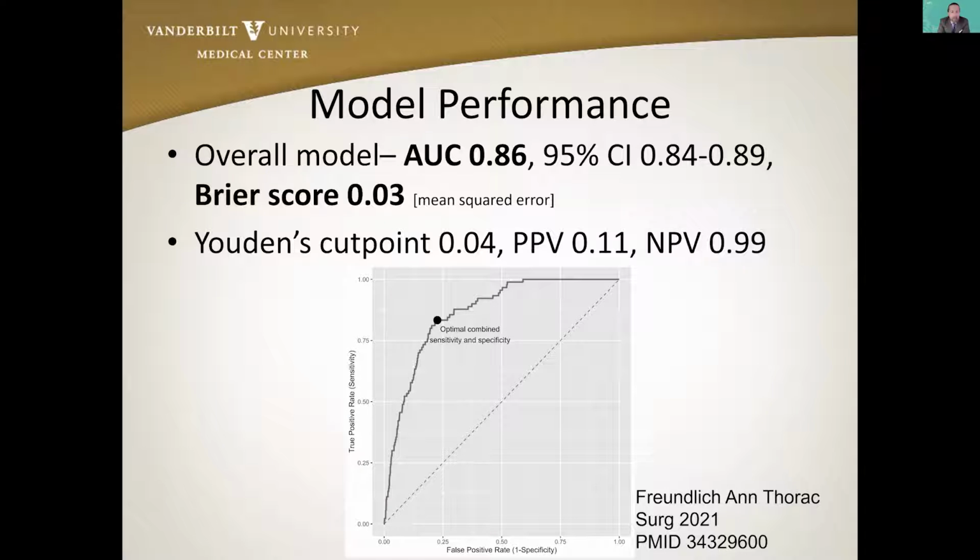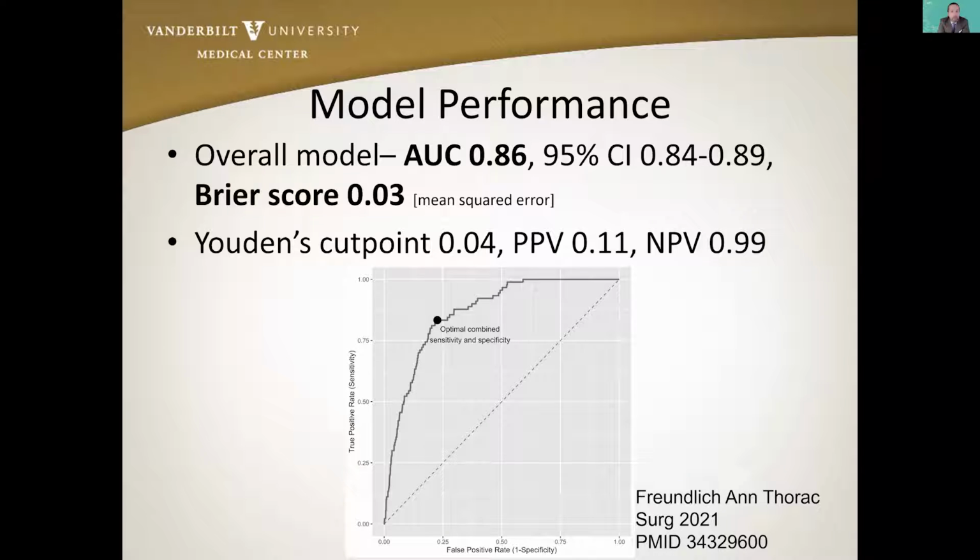I would just highlight that AUC is frequently offered as a means for assessing model performance, but it's just one way of assessing the accuracy of a model. Another way that model accuracy could be assessed would be something like a Brier score. We also frequently are asked to assess the sensitivity and specificity of a model because the sensitivity and specificity varies.